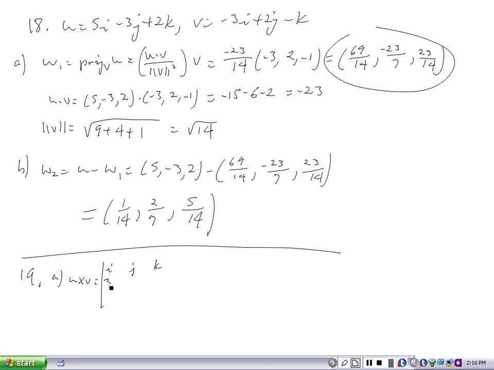We get u, that's 3, negative 2, and 4, and v, negative 5, negative 1, and 2. And so we work that out, and you can do all the work on that.